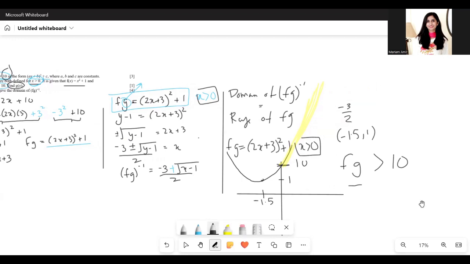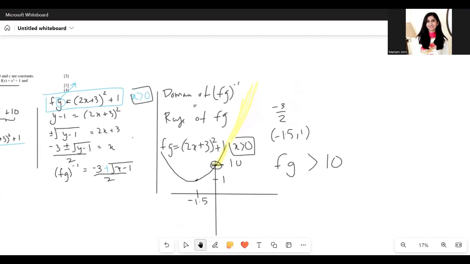So 0 is not part of the domain. So the value of y that you're getting from 0, which is 10, is not going to be part of the range. So please do not end up writing an equals sign here. Okay, so fg is greater than 10, and that is going to be the domain of fg inverse. So x is greater than 10 will be the final answer.